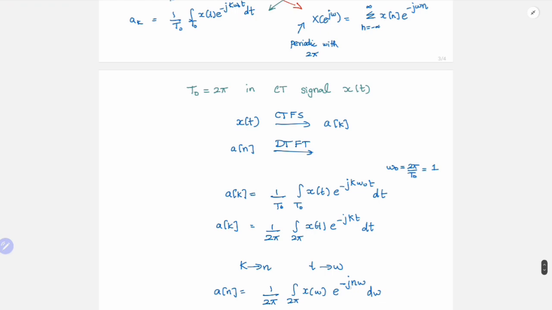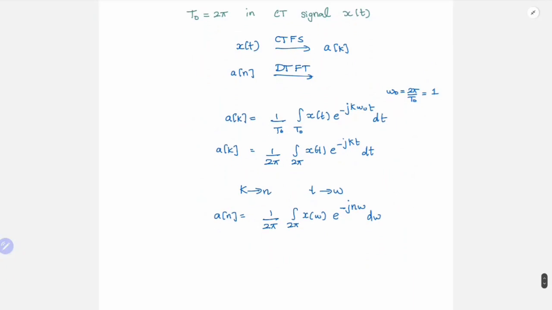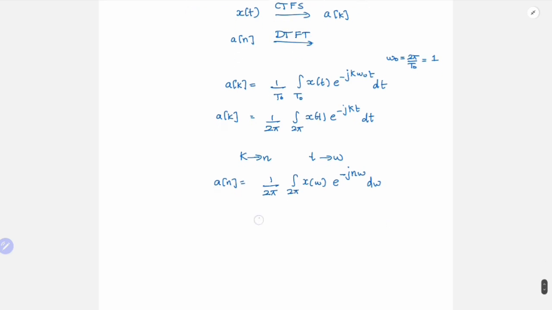So this I can write as e^(-jωn). But what form do I want? I want plus here. So what should I do? I should either change ω or n to minus ω or minus n. Since a[n] is my requirement, I will change ω to minus ω.